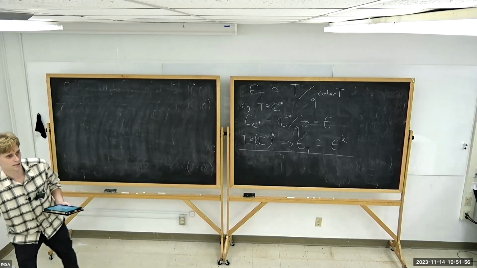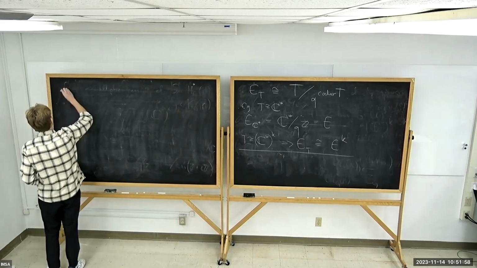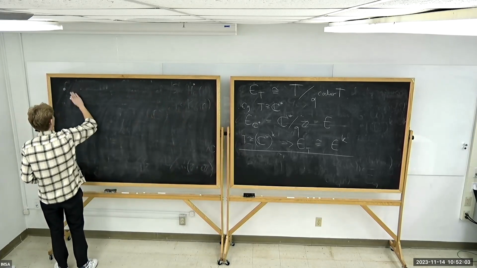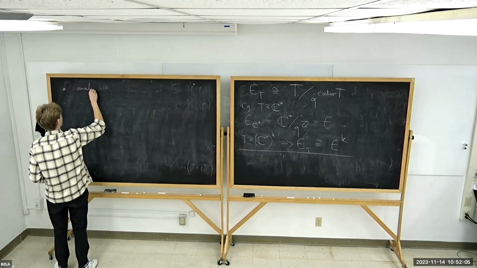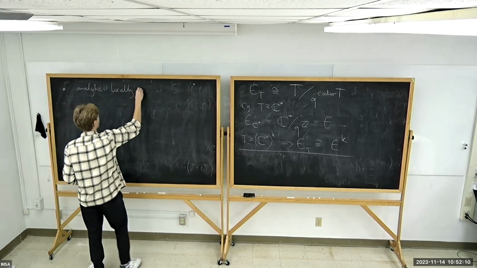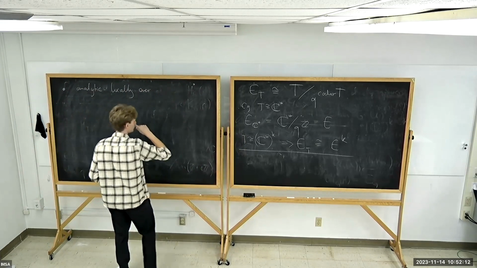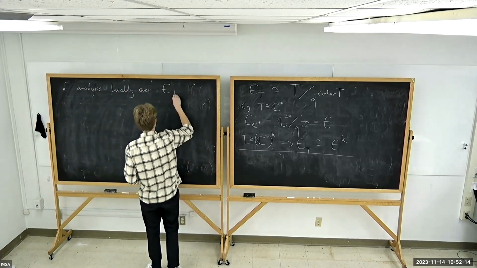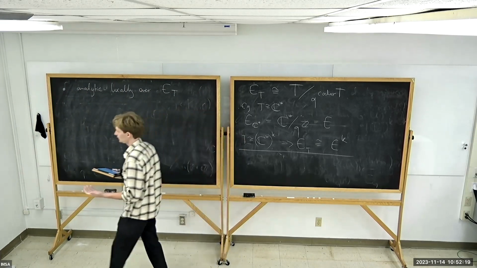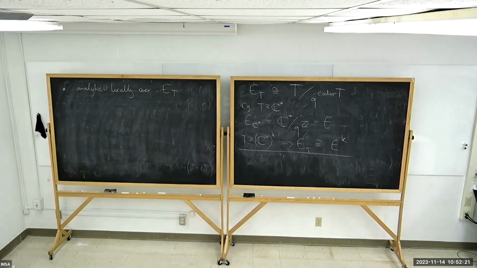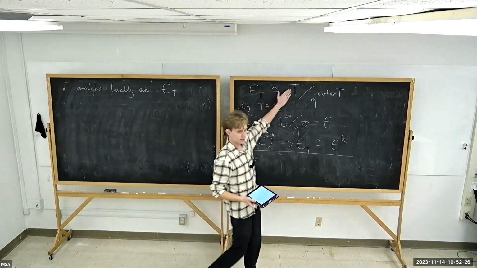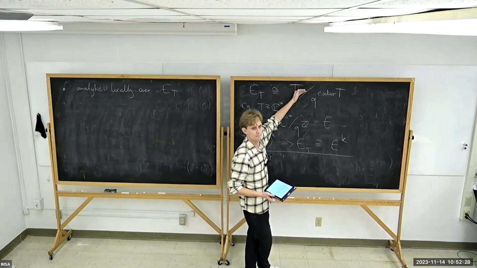Well, the construction of Grojnowski tells that analytically locally over ET, so elliptic cohomology for a point. Any neighborhood inside ET, a small analytic neighborhood, is isomorphic to an analytic neighborhood in T, because this is just a quotient of T by a lattice.